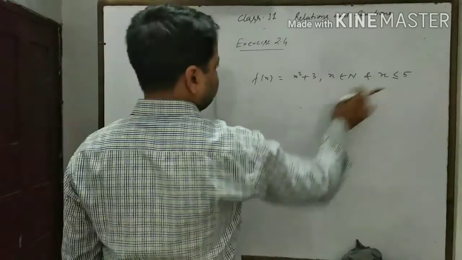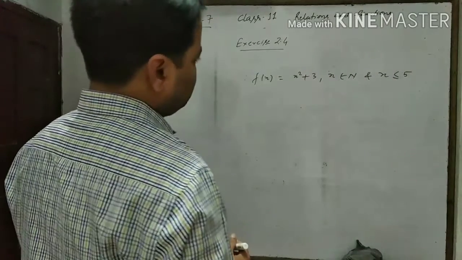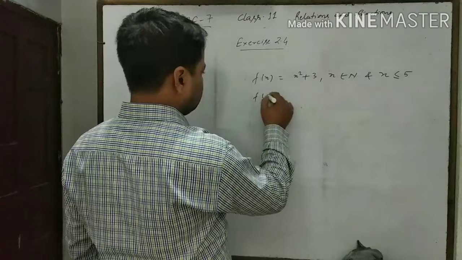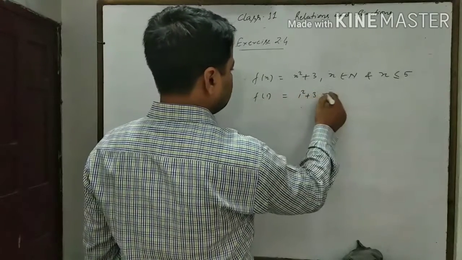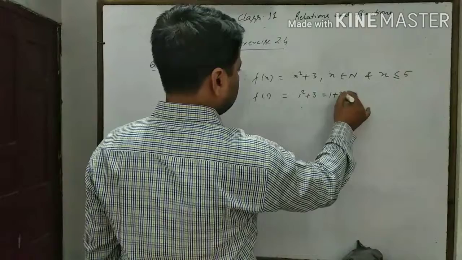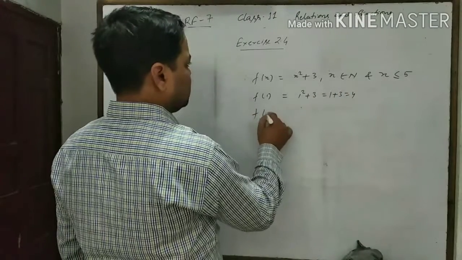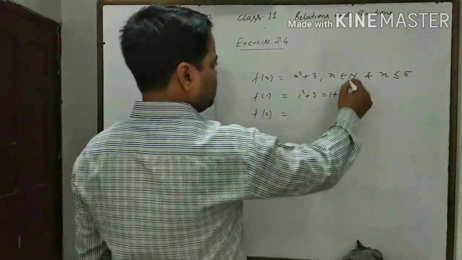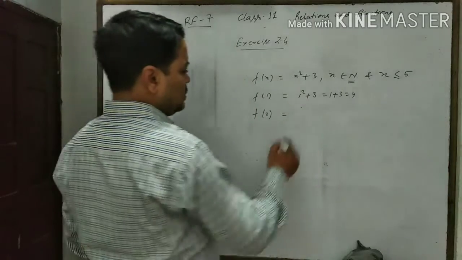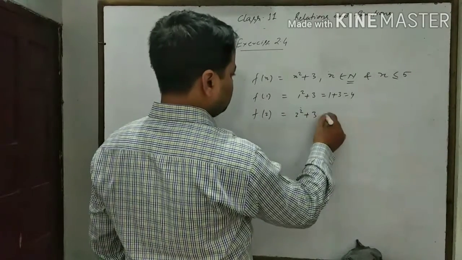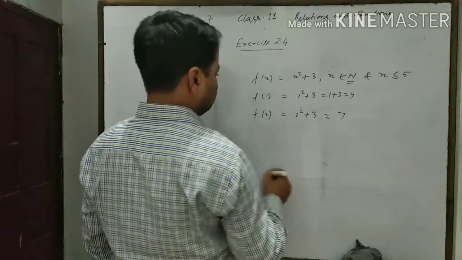So here, f of 1 is 1 square plus 3, that is 1 plus 3 is equal to 4. F of 2: natural numbers, so we can take 1, 2, 3, 4, 5. It will be 2 square plus 3, 4 plus 3, 7.